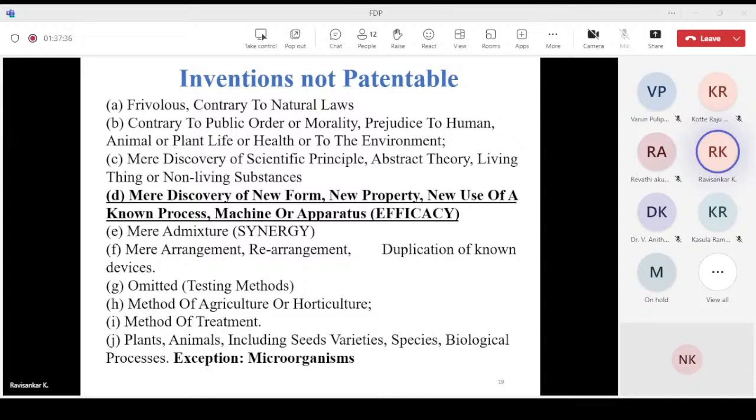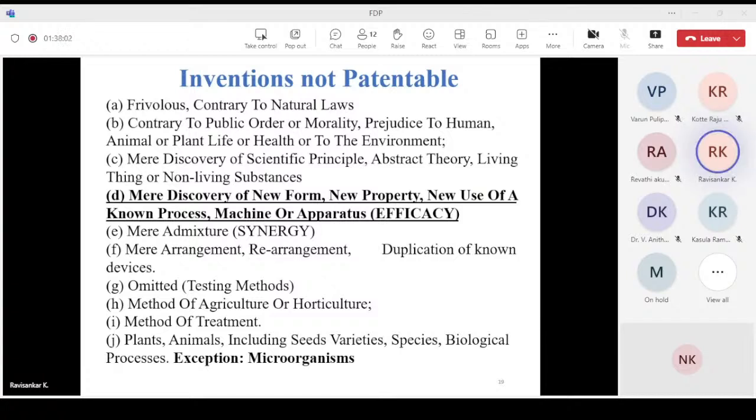Then, mere discovery of a new form or new property or new use of an already known process, machine or apparatus. So if you take an aspirin tablet for pain relief and say it is used for a different indication, then it is not patentable. You have to show some advantage compared to existing knowledge.